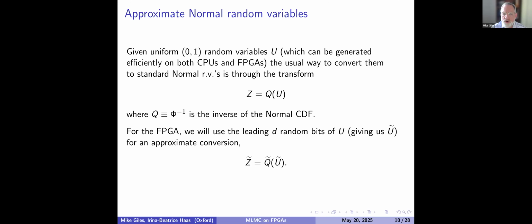Usually the way we would do this would be to use the inverse of the normal CDF function, so think of it in those terms. With the FPGA, we won't use all of the bits of the random variable U, we'll just use the leading D bits. That gives us our U tilde, our approximate uniform random number, and we're going to feed that into an approximate conversion into normal random variables.